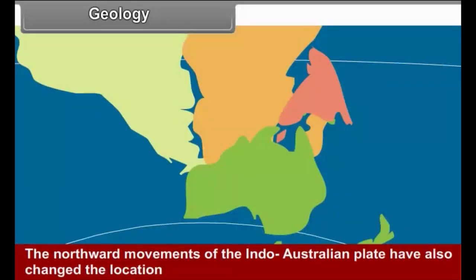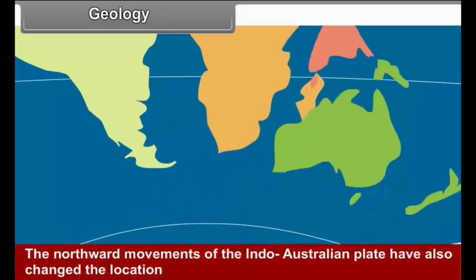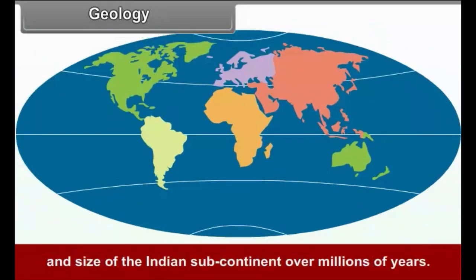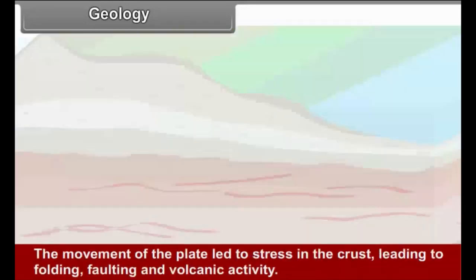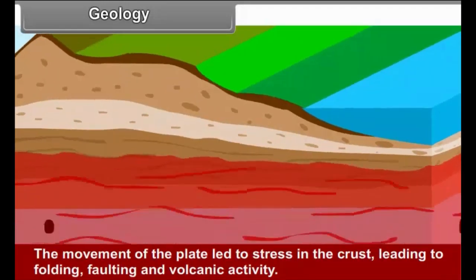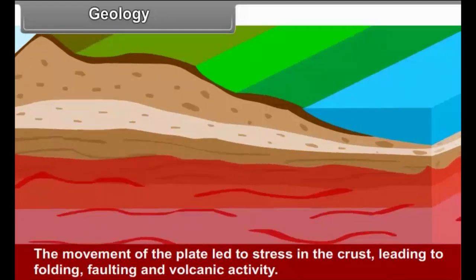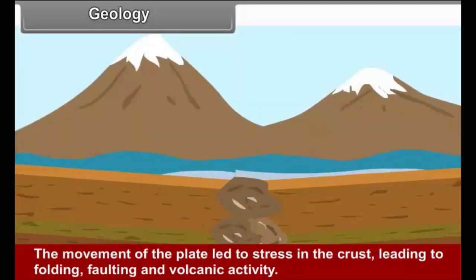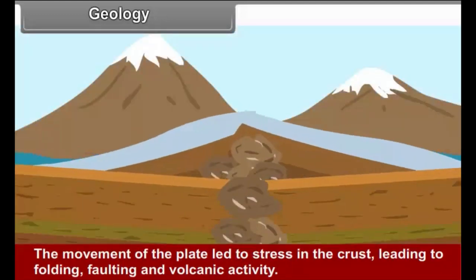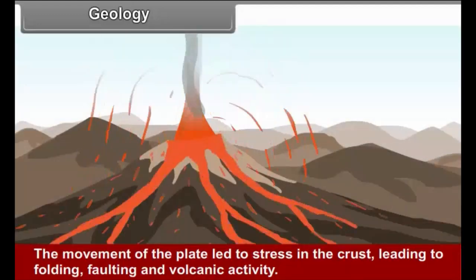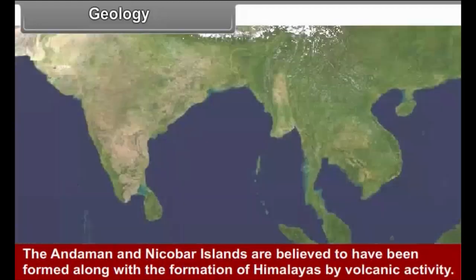The northward movements of the Indo-Australian plate have also changed the location and size of the Indian subcontinent over millions of years. The movement of the plate led to stresses in the crust, leading to folding, faulting, and volcanic activity.